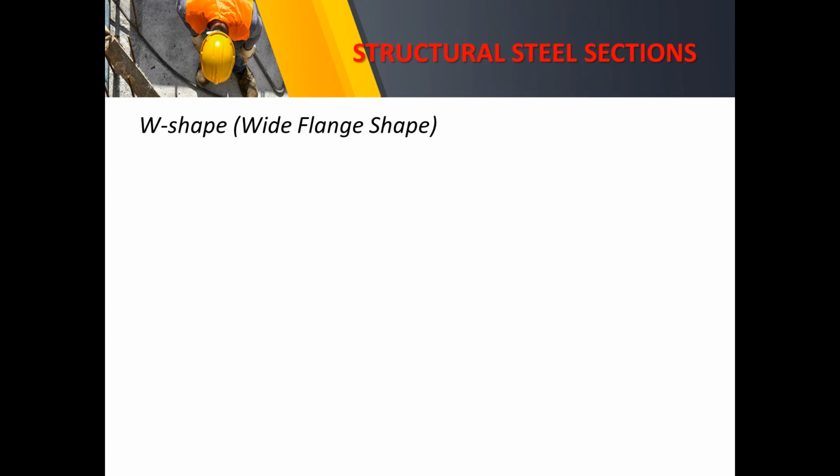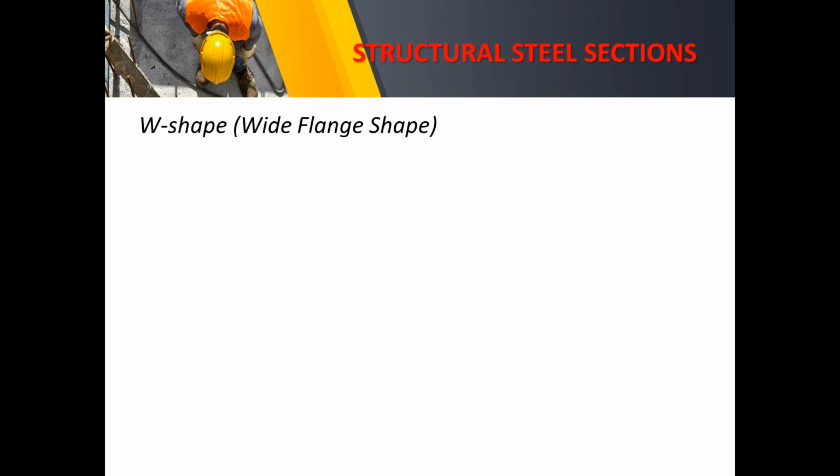Actually, this has been made to be a standard for us to choose from. So these standards will be dependent on our selection. Your design will be dependent on the selection of these standard structural steel sections.